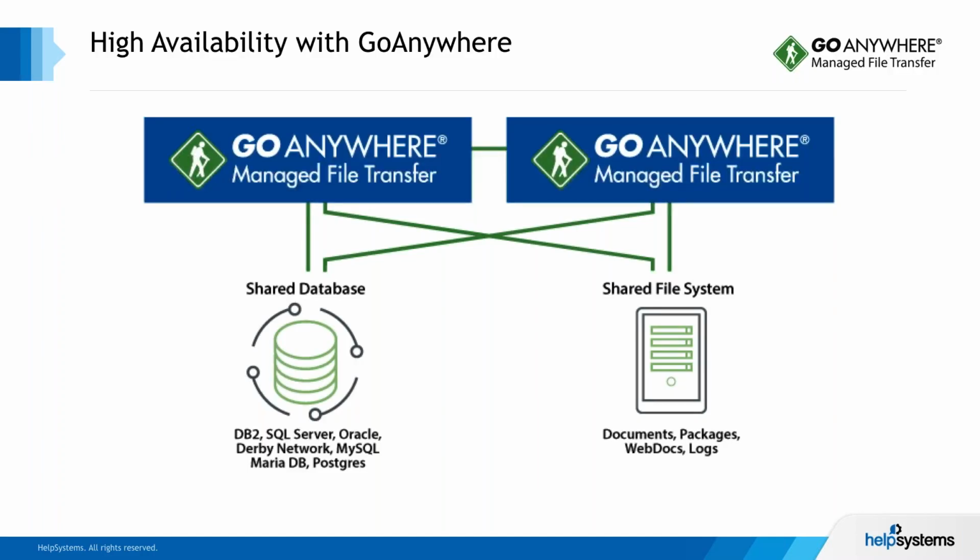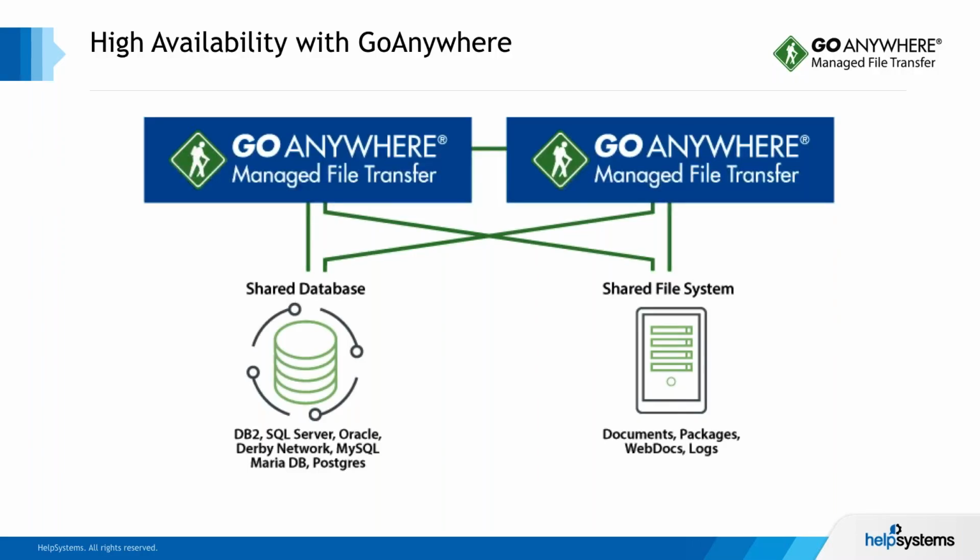As far as file systems go, typically you'd see something like a Windows file share with DFS running that's replicating, so in the event that your file system goes down, you've got that available as well. But we also see on Linux systems, it's typical to see an NFS mount or a CIFS mount in place. And again, that file system is shared for the sake of those nodes being able to see their central area where all their files, documents, et cetera, are stored.